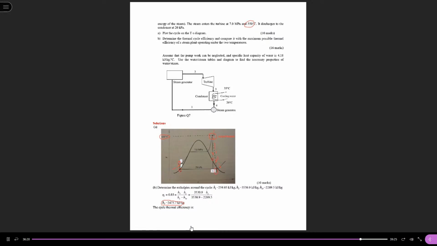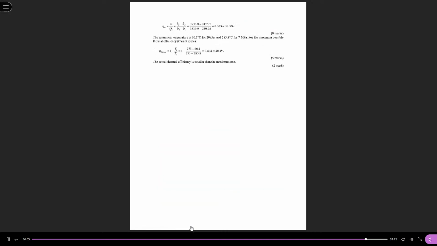Then we are asked to calculate the efficiencies. Based on the isentropic efficiency calculation, we can get the specific enthalpy, and we calculate the cycle thermal efficiency.